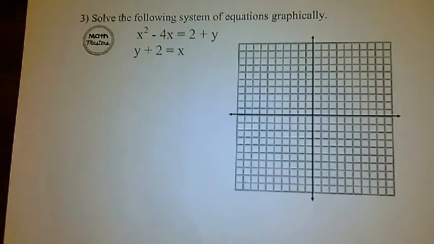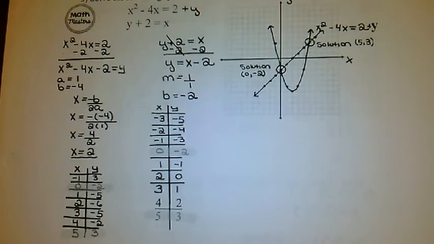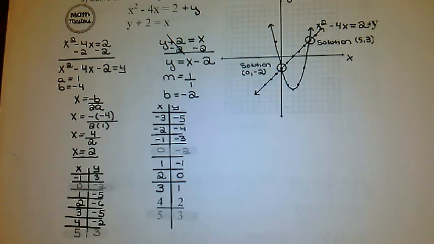So if we do that, here's what we get. Now, I can't tell you how far down to go with your coordinates. For this one, you really have to look around.